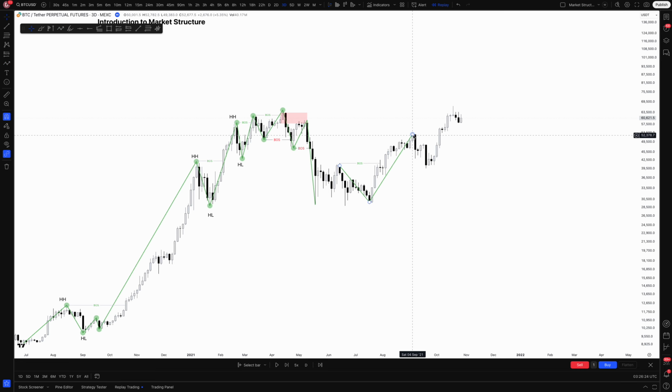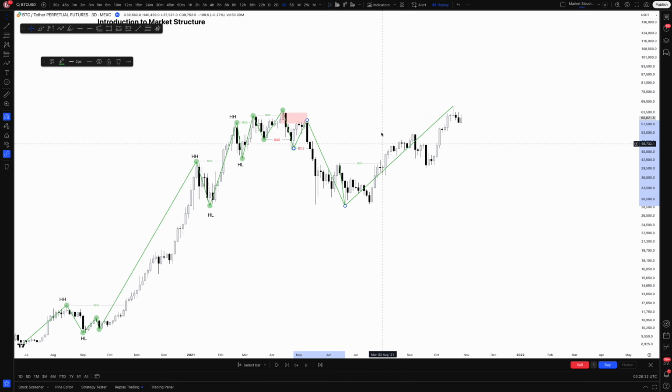So I would be really tempted to just say this is our structure now, and this is our main key low, because this has been touched here. So that's our pivot point. Our new pivot point would be there. You don't have two consecutive green candles coming up, so you cannot use that candle. But yeah, let's see how this goes.